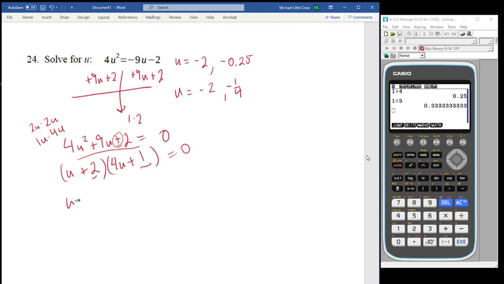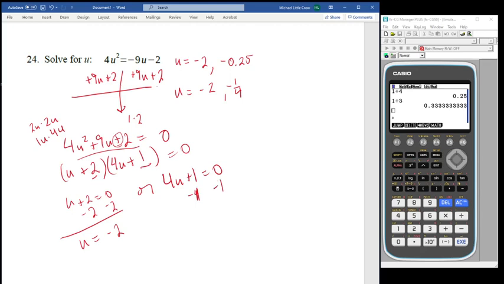So then you break it up, u plus 2 equals 0, or 4u plus 1 equals 0. And it doesn't really matter which method you use. I just want you to be able to use both of them. It's good to be able to factor, but it's also very important to be able to use the graphing calculator as you go forward, depending upon what your next math class is.